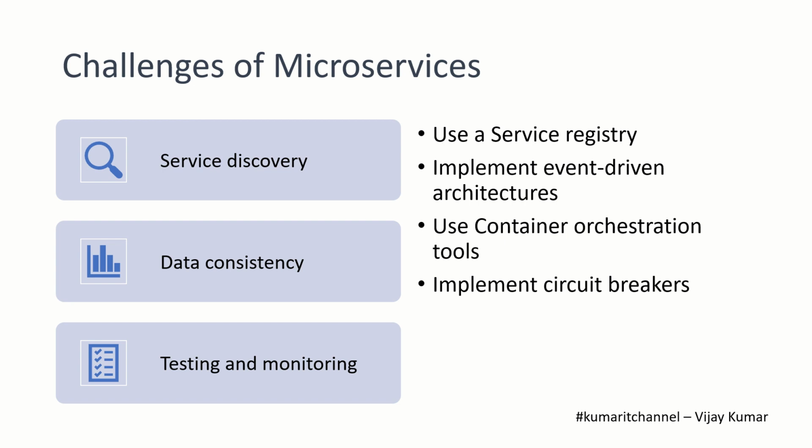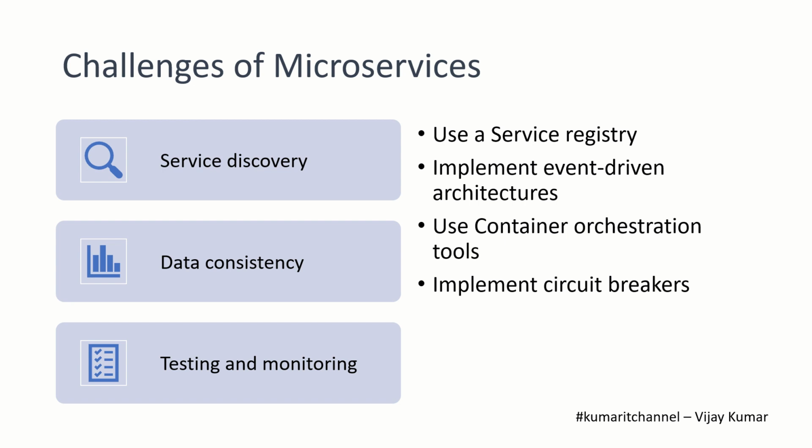As we know, in microservices architecture there may be a large number of services, since we are breaking down the larger application into smaller services. So obviously a large number of services will be created, and these need to communicate with each other, right?